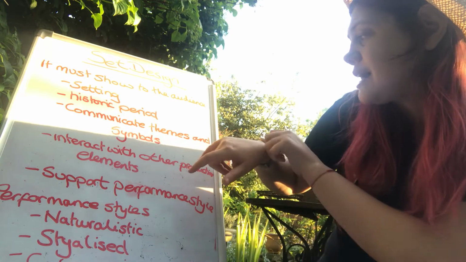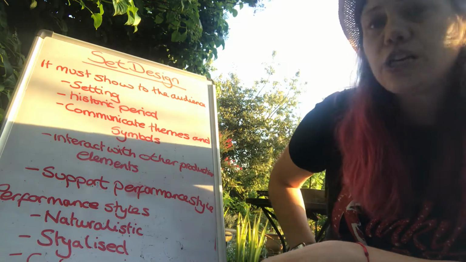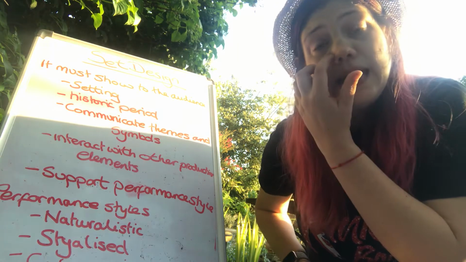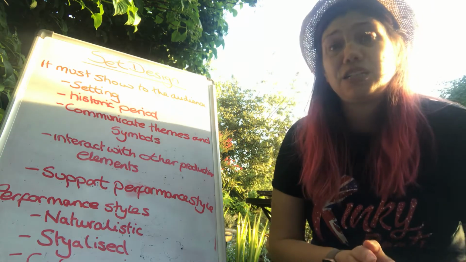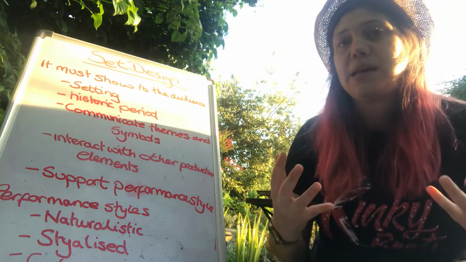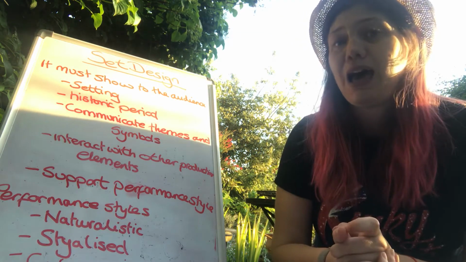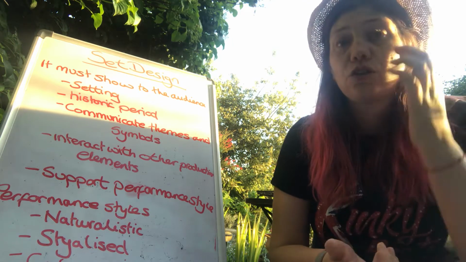Communicate the themes and symbols. That's where the bit I've read to you out of the book about the big idea comes in. What is the big message that the director and the people in the play are trying to get across?